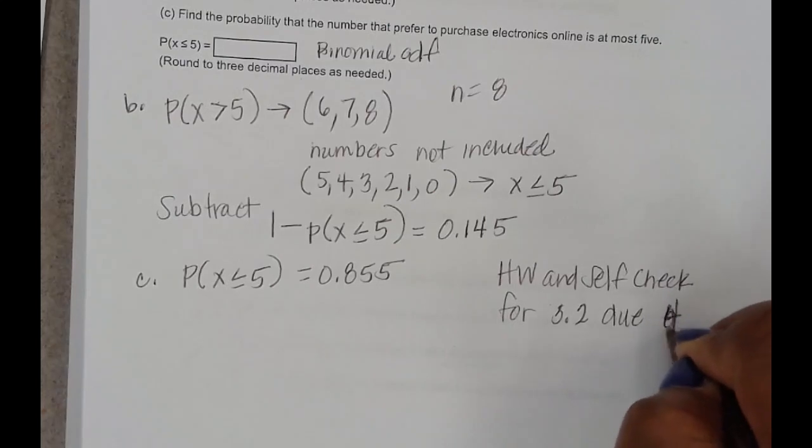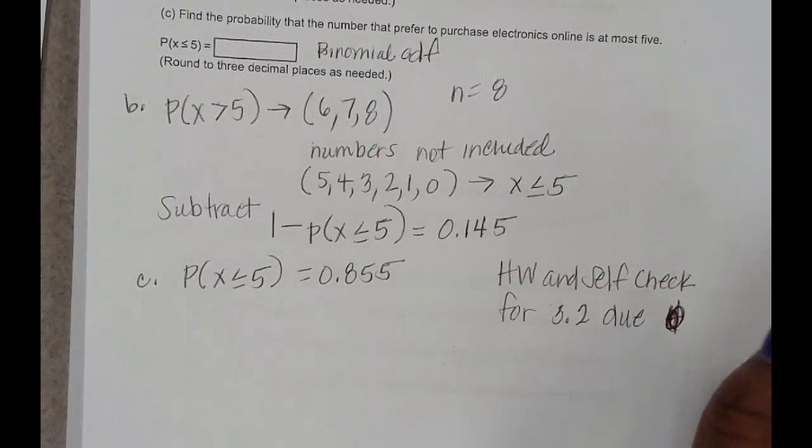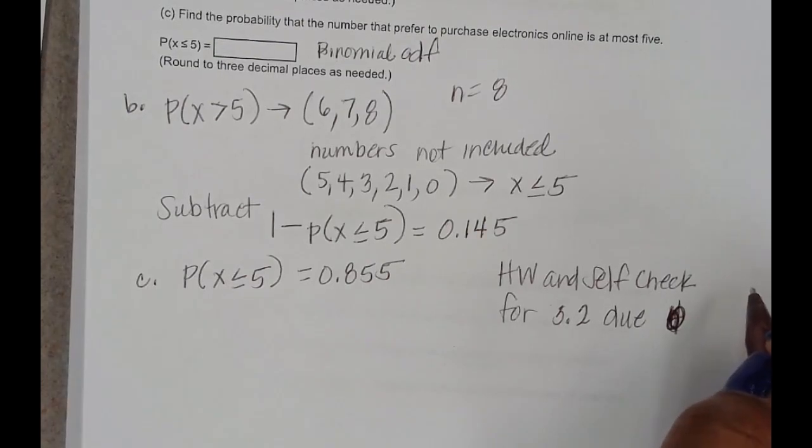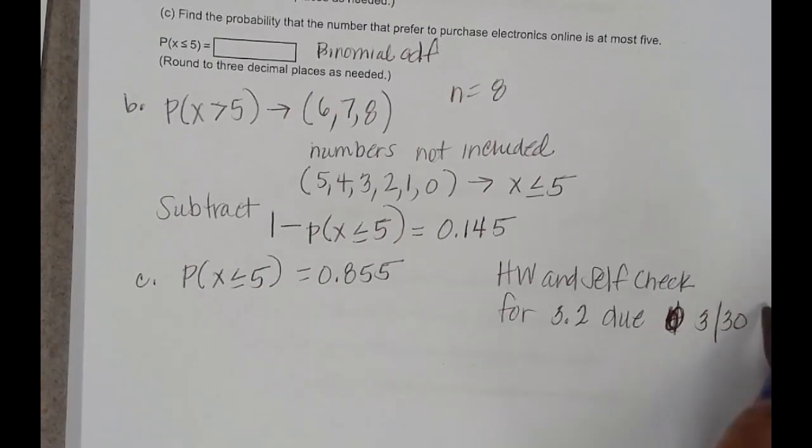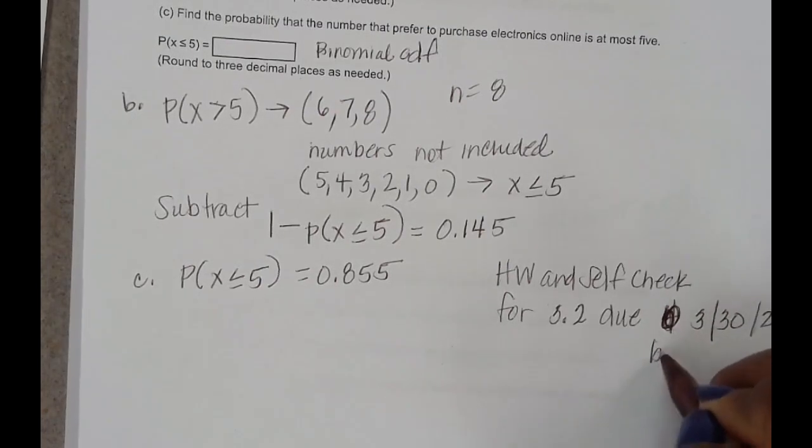Not 4 yet. We ain't doing that far. Today's the 26th, so the next 3 business days, Monday, Tuesday, Wednesday, that'll be 3/30 by 11:59.